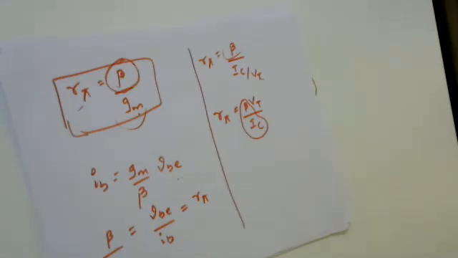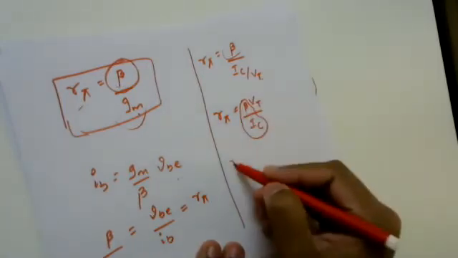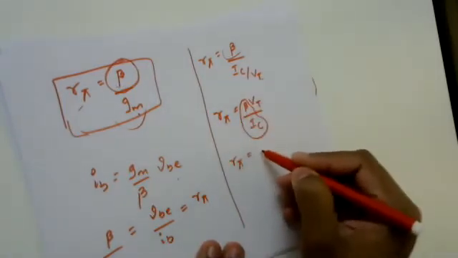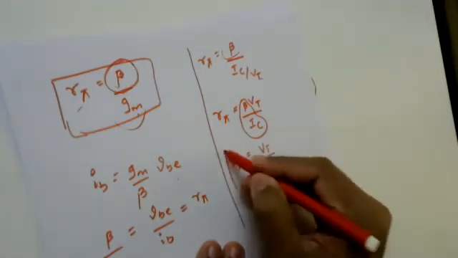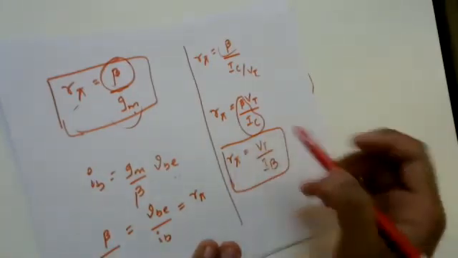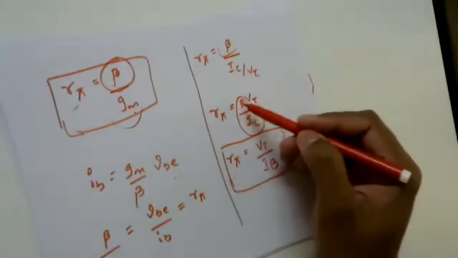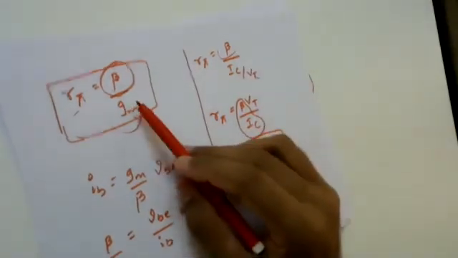IB, very good. Beta by IC is nothing but 1 by IB. So I can write my R pi is equal to VT divided by IB. So this is an alternative form. Either you can substitute the value of beta, or you can directly substitute the value of GM.